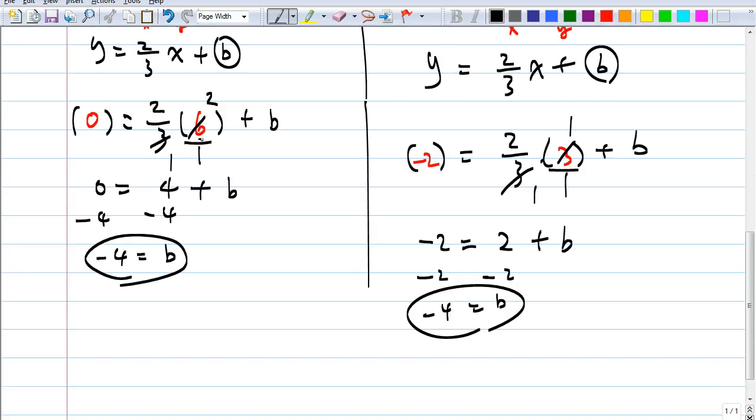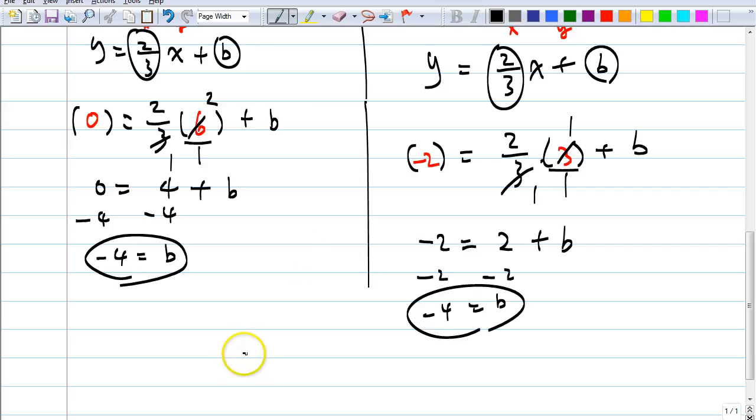Now, who could tell me the equation of this line then? We found the slope, which we wrote here, which was 2/3. We found the y-intercept. Now, who could tell me the equation of this line? Guys, we found the slope, 2/3. We found the y-intercept. Who could tell me the equation of this line? Okay, Mylan.